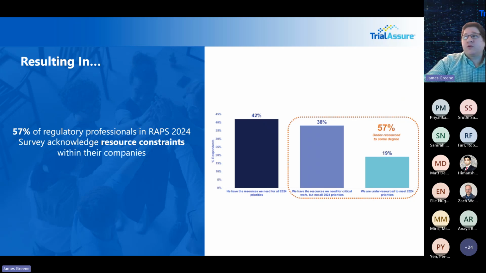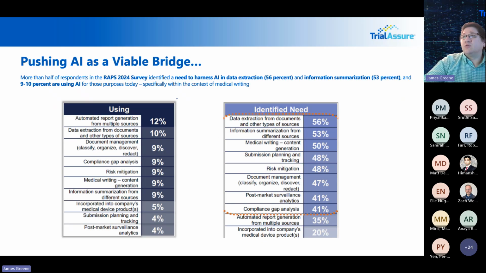Now, what if you had the ability to use AI as a viable bridge to enhance the amount of time you had, as well as increase the resources of your team? One of the interesting figures we found here was that from the survey, they identified that there was a need for AI, and about 56% of surveyors.